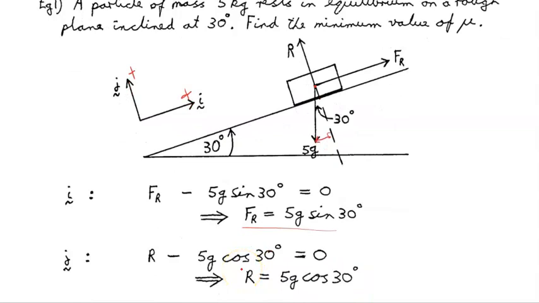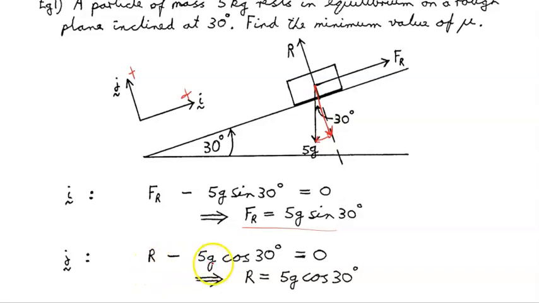Let's have a look in the J direction now. We have plus R coming out of the plane, and we have this component of the weight force. This is the cos component, and that's going to be 5g cos 30 degrees. 30 degrees is the angle in there. So plus R, because it's in the positive direction, and 5g cos 30 is in a negative direction, so minus in front.